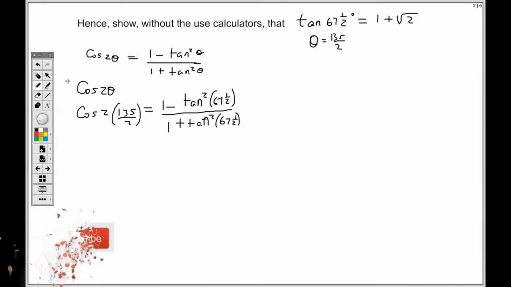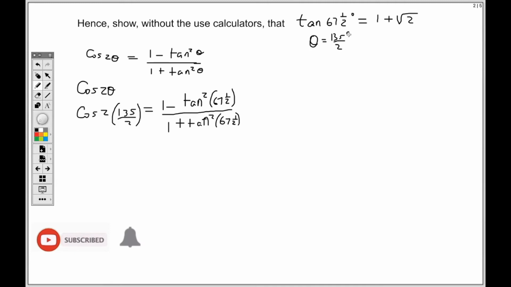So all I did was rewrite 67.5 as 135 over 2 degrees. Replacing this theta, theta is 67.5, or I can have it as 135 over 2, and then here I rewrite this, instead of writing 135 over 2, I write it as 67.5 degrees in both positions for theta. Here I'm going to cancel 2 into 2, goes 1 times.